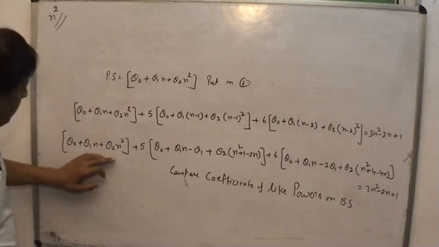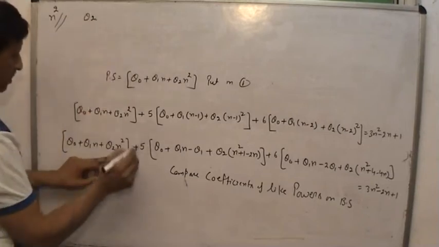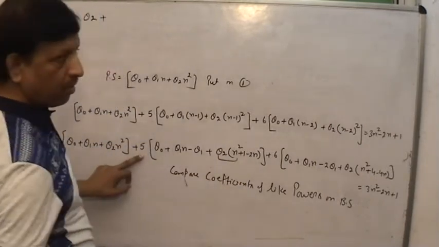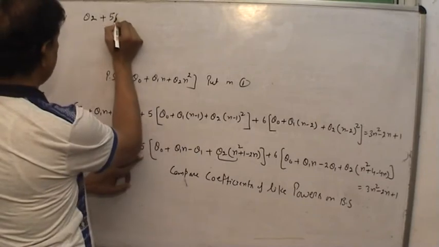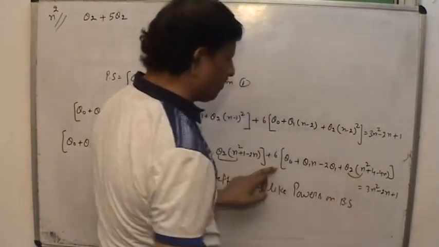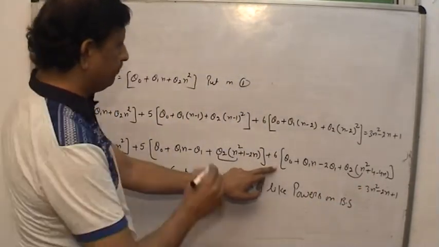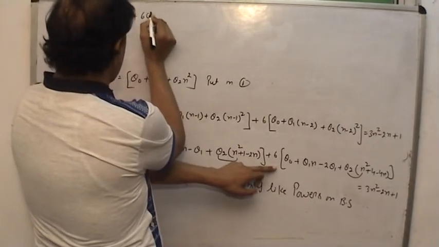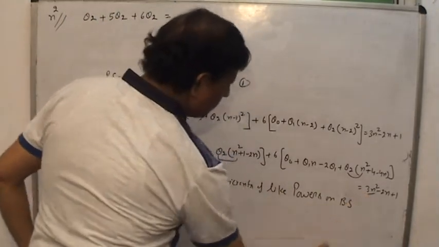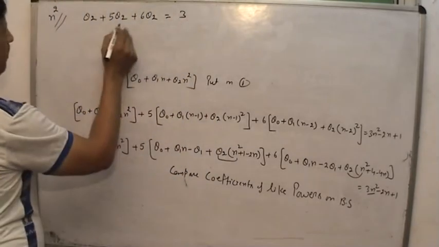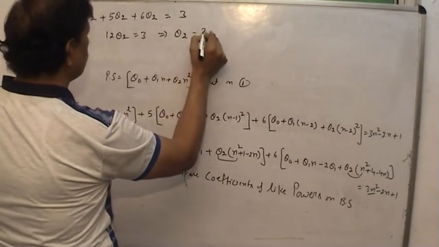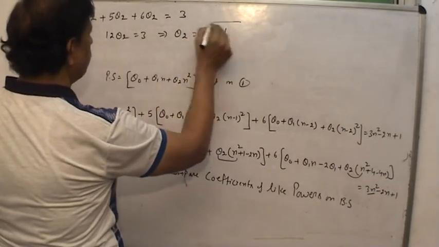From the left side it is Q2, then plus 5 Q2, and from here plus 6 Q2, is equal to, on the right hand side, coefficient of n square, which is 3. That is 12 Q2 is equal to 3. This implies Q2 is equal to 3 by 12, that is equal to 1 by 4.